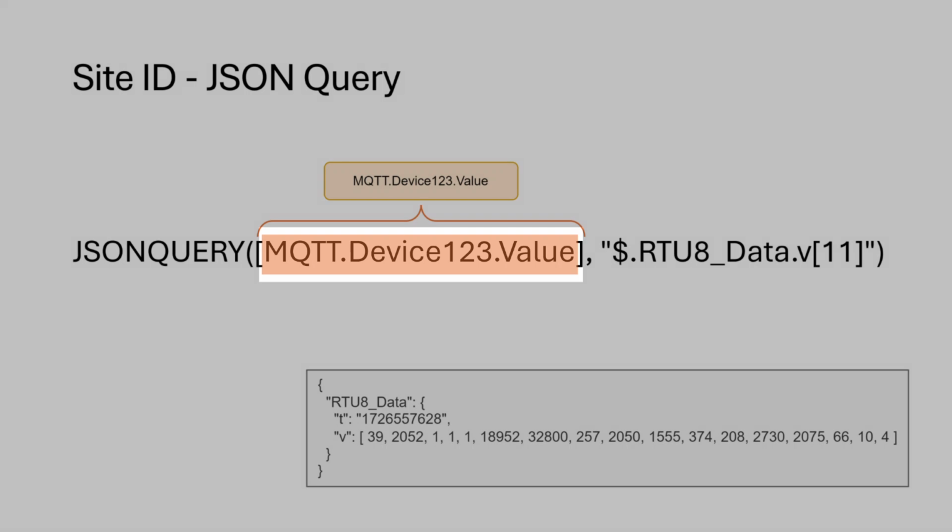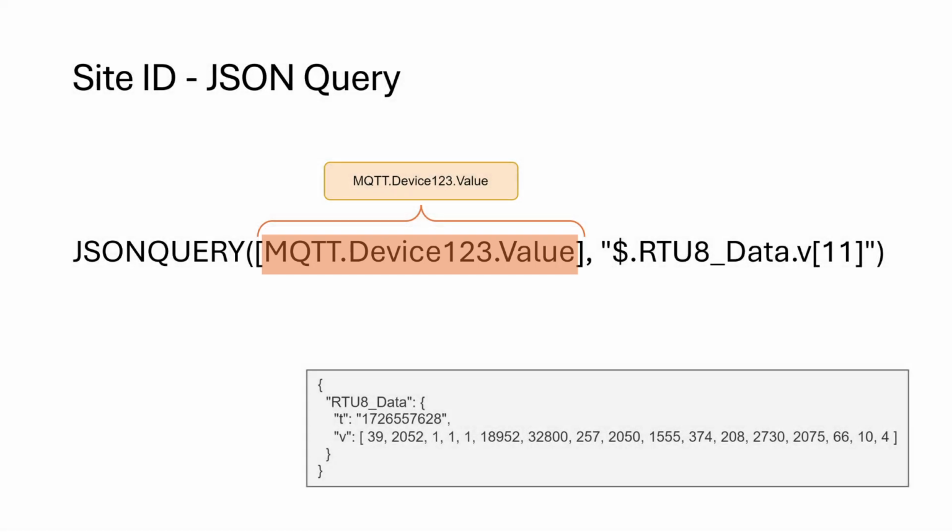In our case, this is the tag where the MQTT payload is written by the OAS broker: mqtt.device123.value. Remember that the tag has to use the fully qualified tag path and includes the group name followed by the tag name followed by value. In OAS calculation formula, tag names must be surrounded by square brackets.